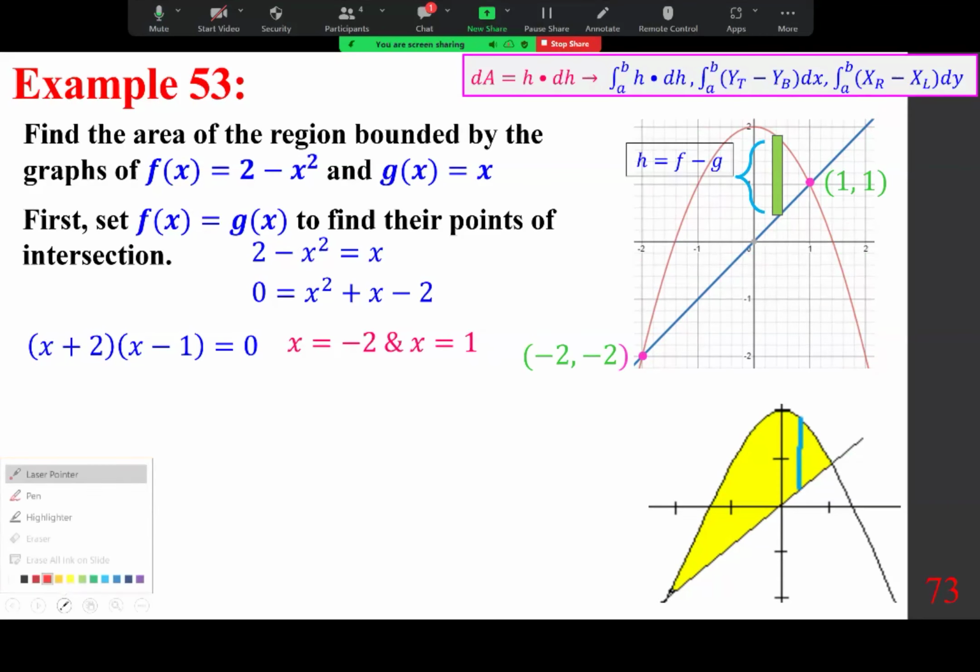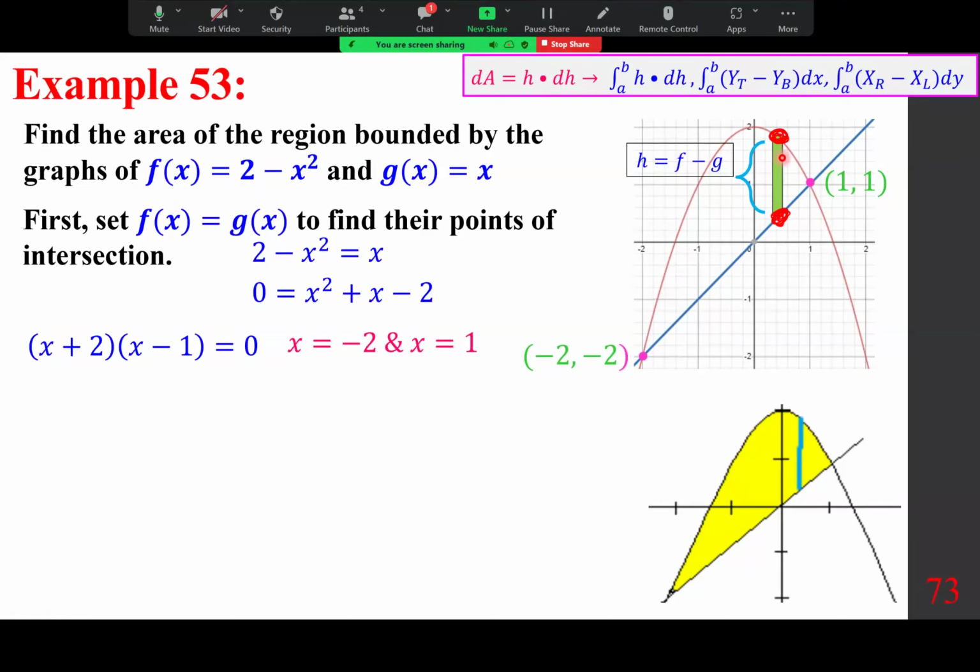Let me just actually put 1 point. Remember, the width is extremely small. So the very top is from the curve or f of x. The very bottom is from the line or g of x equals x. So that's why we have their difference.